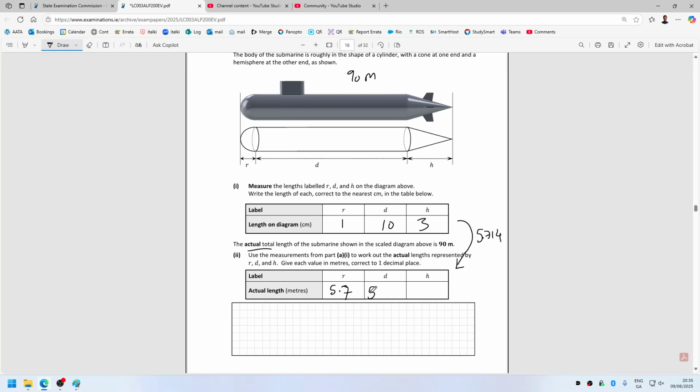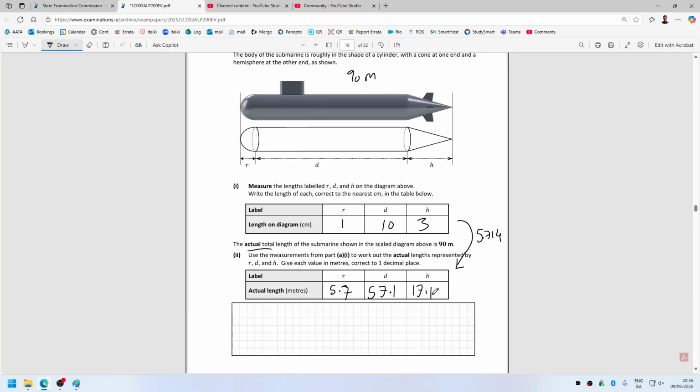This is 10 times bigger than the previous, 57.1. And then 17.1 meters. 17.1 plus 57.1 plus 5.7 is 79.9.